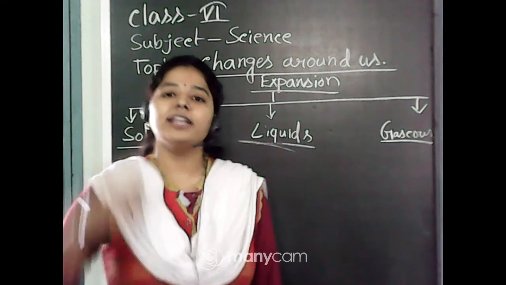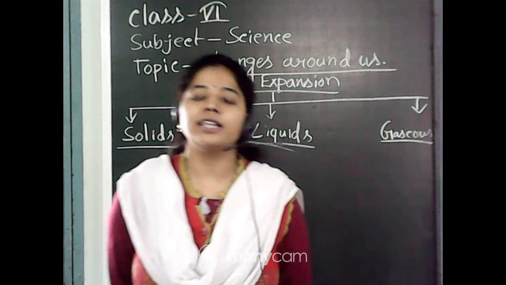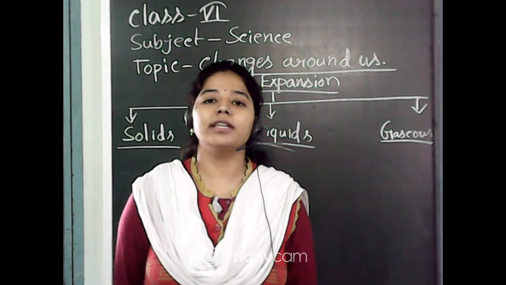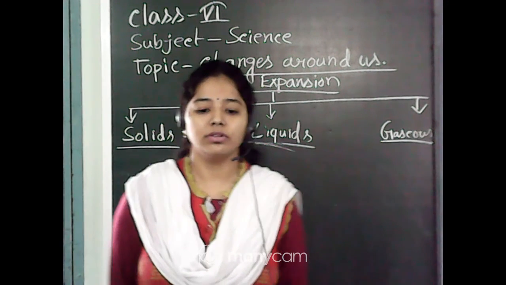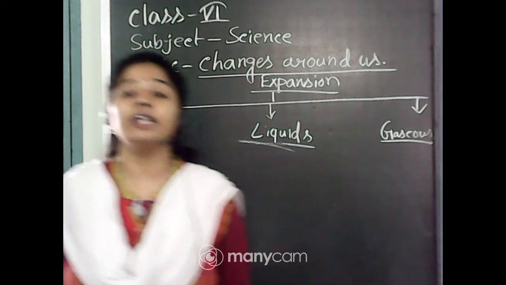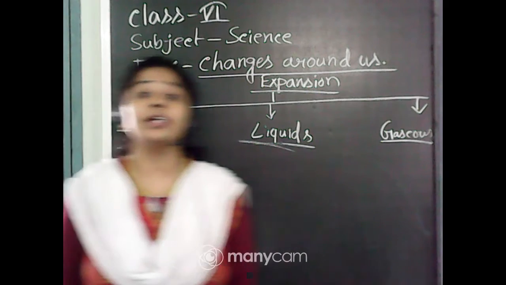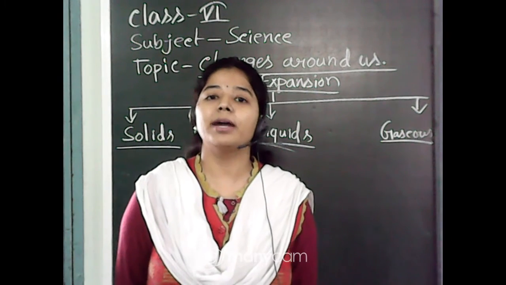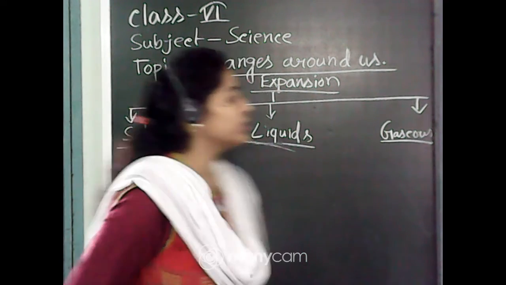Have you ever seen a thermometer? A thermometer is actually used for measuring body temperature. In a thermometer, a liquid metal is present, named mercury, and mercury is liquid at room temperature.